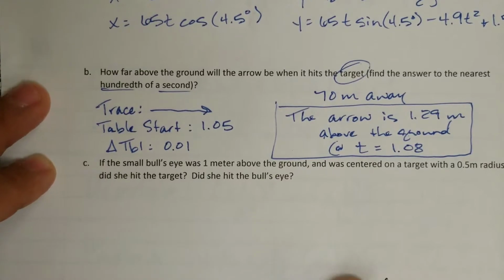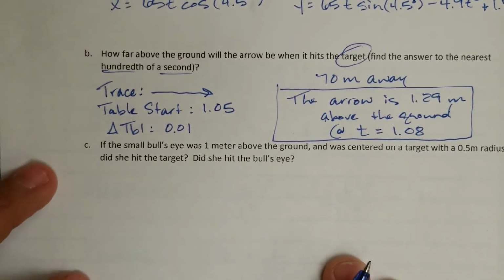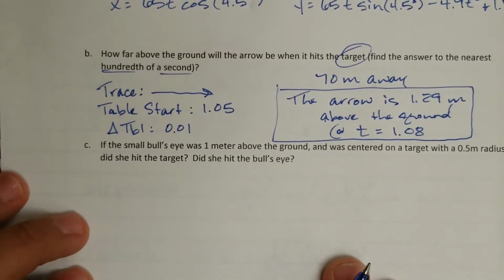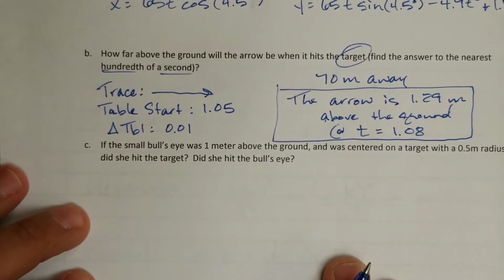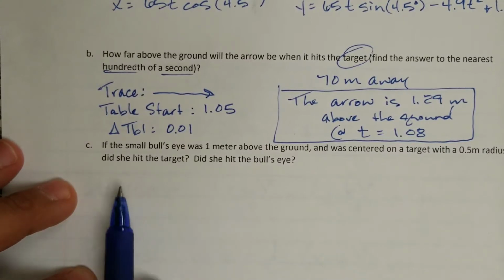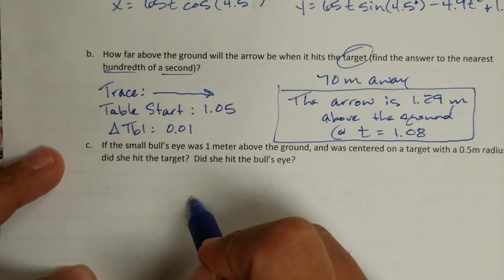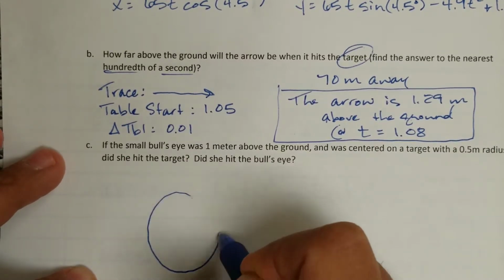Okay. Now, part C says, if the small bullseye was 1 meter above the ground and was centered on a target with a 0.5 meter radius, okay, so the full target is 0.5 meters, did she hit the target? So you've got a target here.